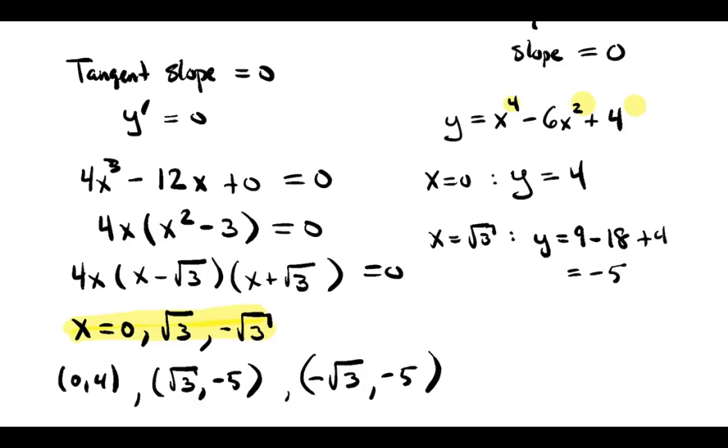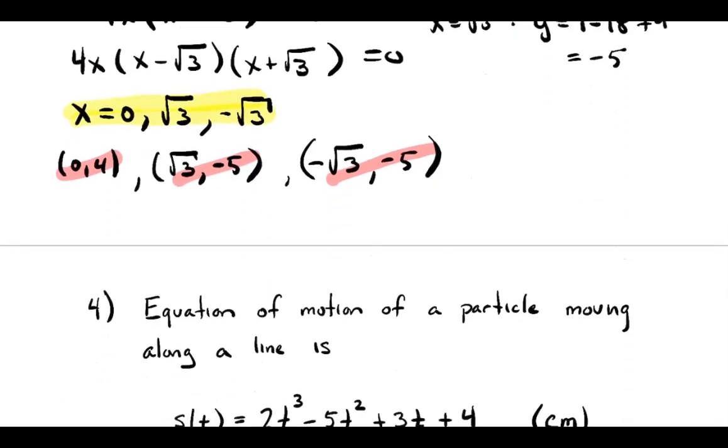Find the 3 points where this thing's tangent lines are horizontal. It's these 3 points: 0, 4; root 3, minus 5; and negative root 3, minus 5. And the picture that we looked at on Desmos confirms that there should be no more answers than that.